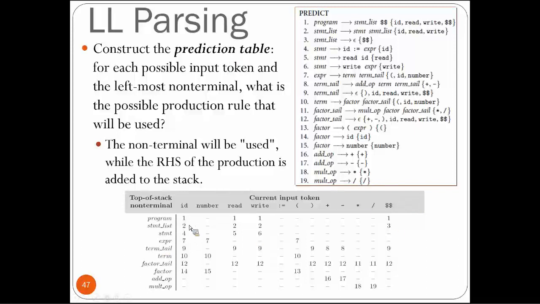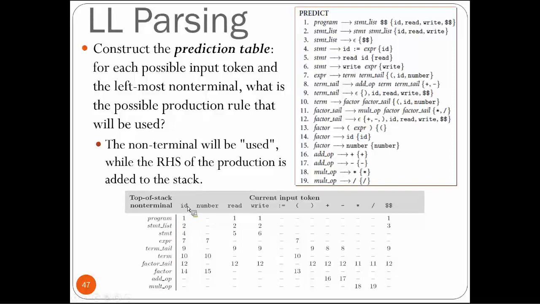Basically, what we are going to build is what production rule we would apply if the current input token in the input stream is one of the tokens on the columns of this production rule table, and the current top of the stack non-terminal is one of these non-terminals.